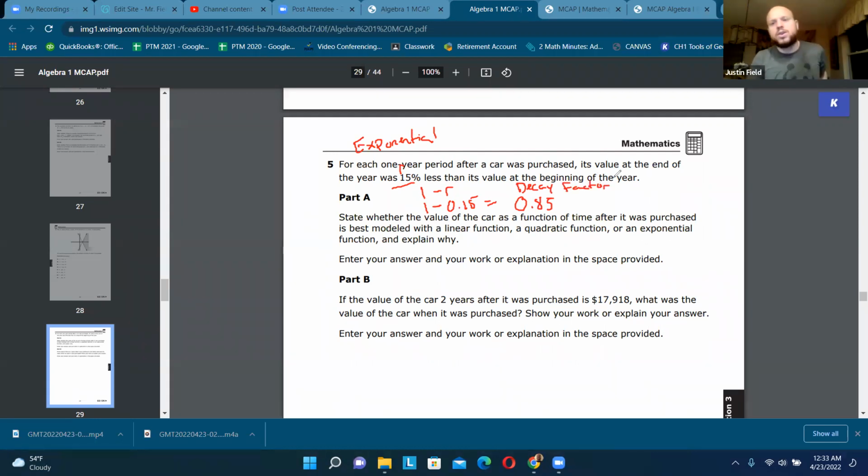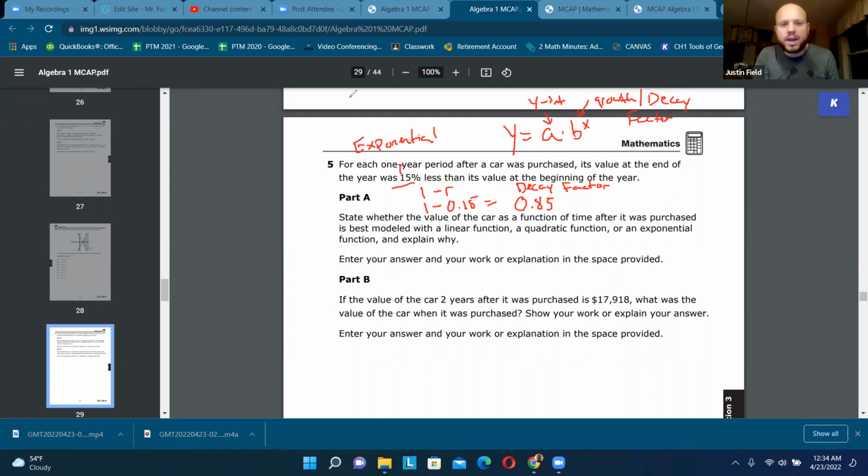So if you know that you're decreasing, take that percentage and subtract it from 1, and you're going to get your decay factor. Also, when you notice it's exponential, make sure you write A times B to the X. This is your y-intercept, your initial value. This is your growth or decay factor.